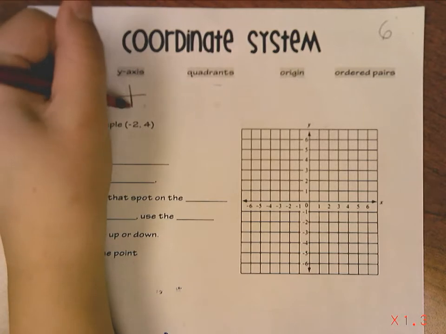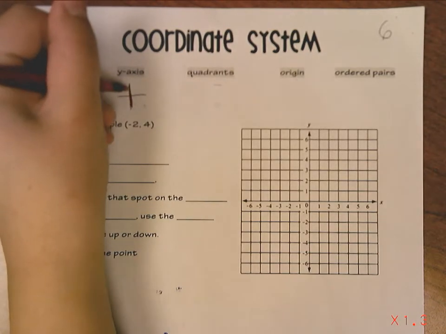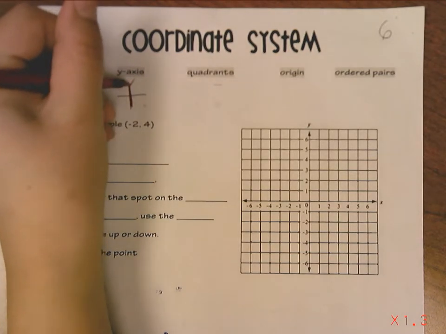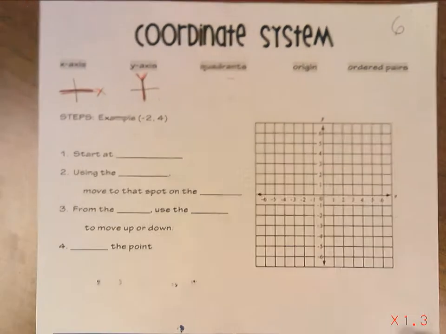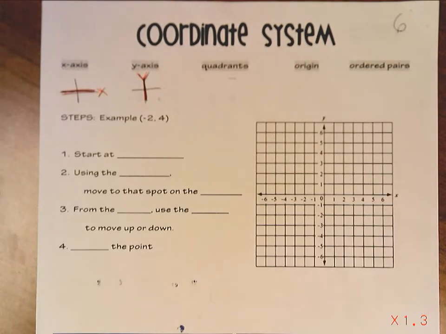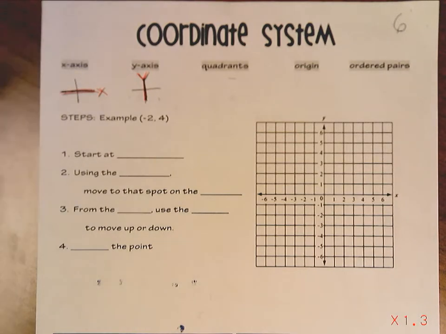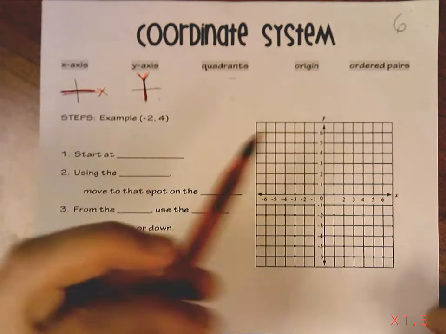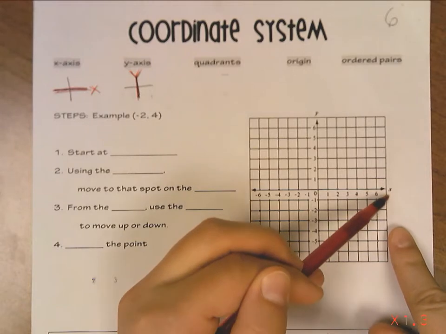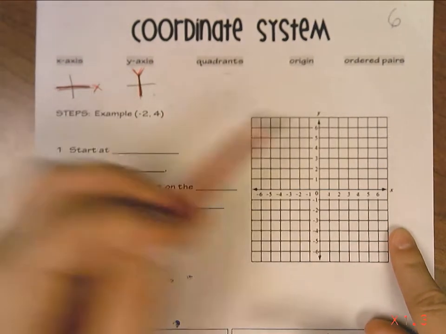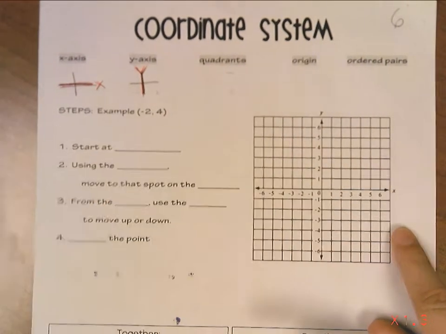And this one is the y, because it makes a y axis. Okay, so your x-axis goes horizontal. If you notice right here, it's labeled x. And your y-axis goes vertical.